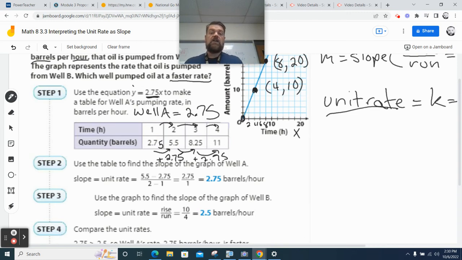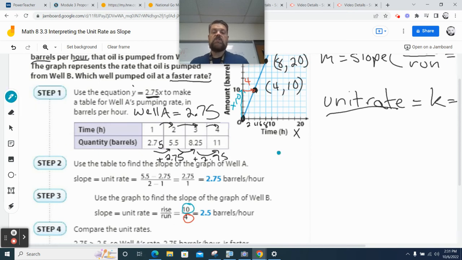Well, if I start here, my rise is going to be, I'm going to go up 10 units. And then my run, you guys should be writing this down. I don't see pencils or pens moving. Then to get to the point over here, I went over 4. So what you would do is you would say your rise is 10 and your run is 4.